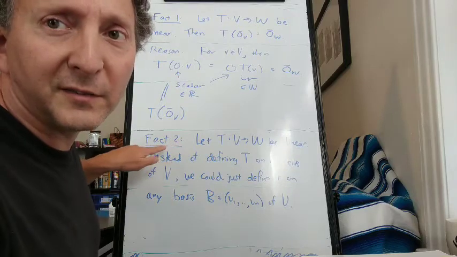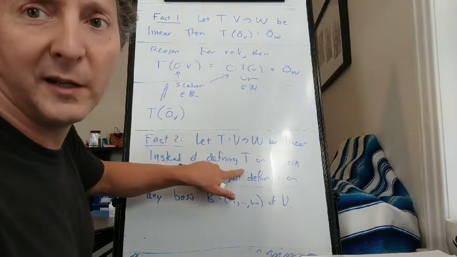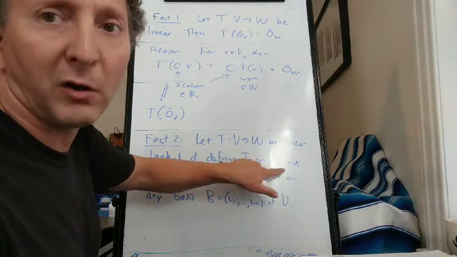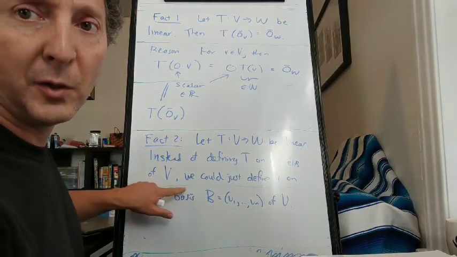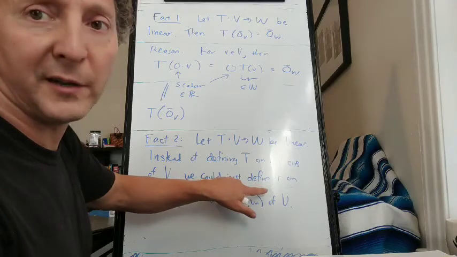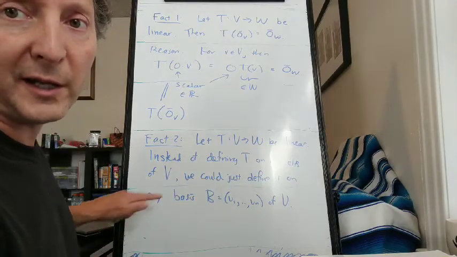So this says instead of defining T on all elements of the vector space V, we could just define it on any basis.